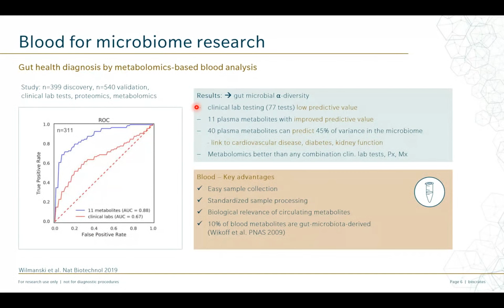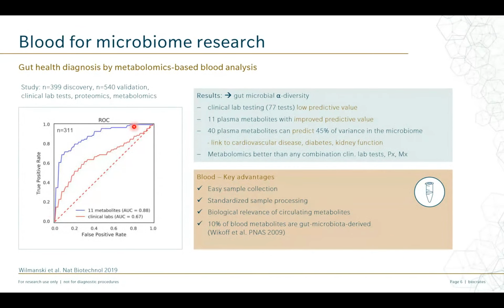This study demonstrated that established clinical test parameters, 77 were tested against metabolomics, are not able to accurately predict the gut alpha diversity. The results show that with only 11 plasma metabolites, a much better predictive value was obtained compared to the clinical lab test.